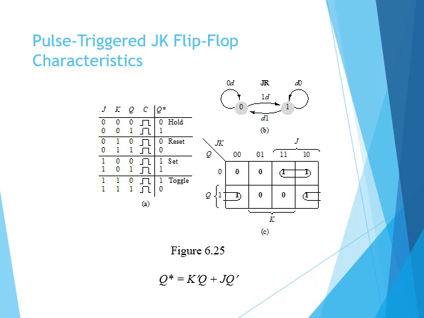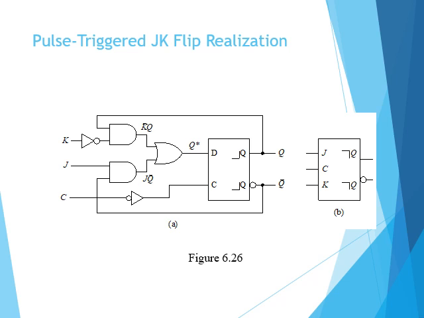Then the pulse triggered JK flip-flop is shown here. These are the pulse triggered JK flip-flop characteristics. Here is the K-map implementation, and we find the same thing as for each of the flip-flops. Then a pulse triggered JK flip-flop realization.